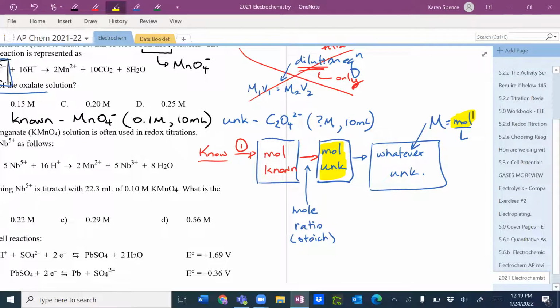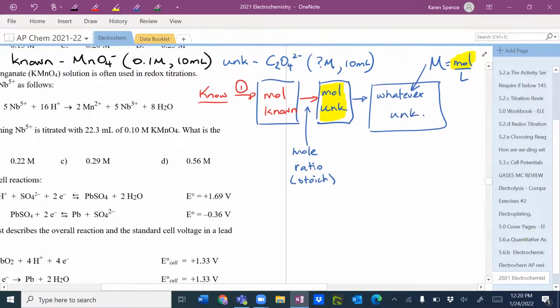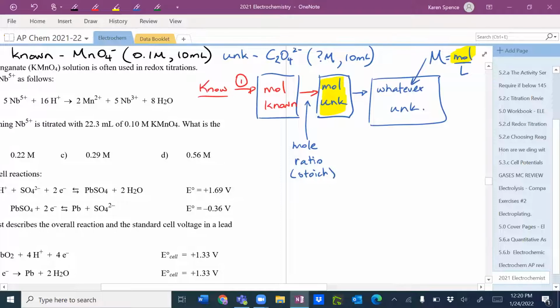All right, so let's do this. Our known substance, we have 10 milliliters. Do you guys mind working in millimoles? Can I work in millimoles? It's just nicer. I'll do it in millimoles, and then if you hate it, you can ask me to show you in moles.